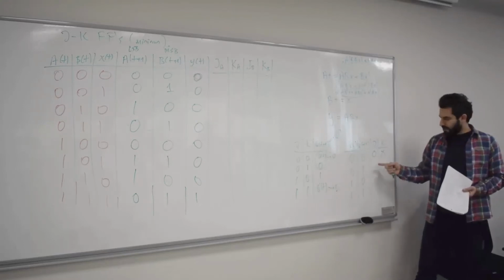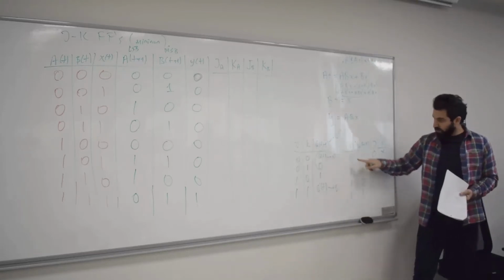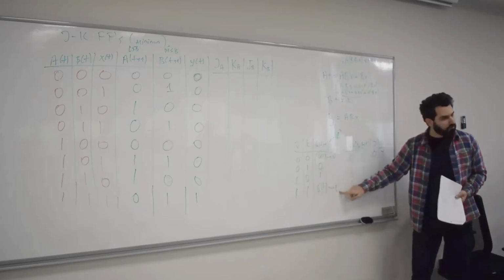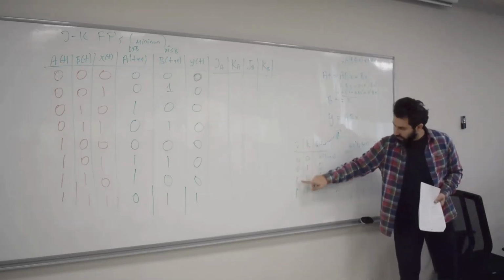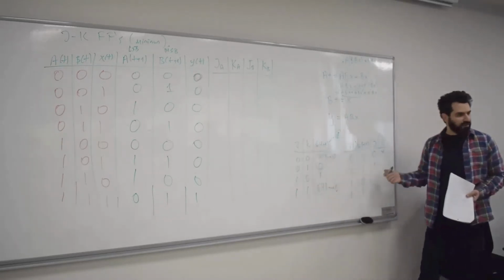Okay? And similarly, for example, if QT is 0, this is 0, 0, and QT plus 1 is 1, that means I have to look here, right? Because it's 1, 1. If I look at here, J is 1 all the time, and K is, again, don't care.